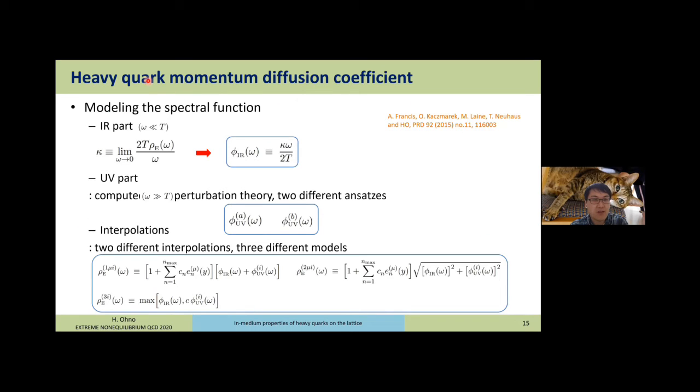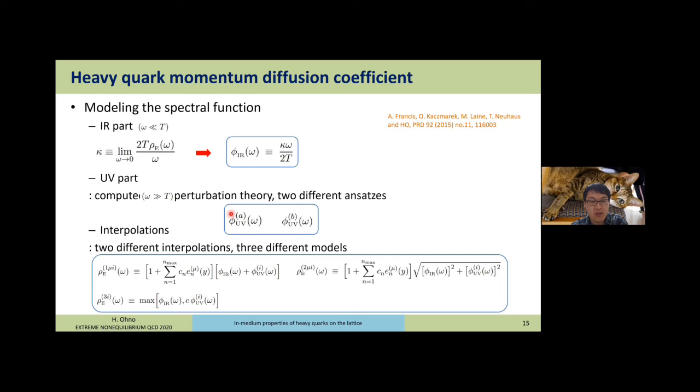Here is our model spectral function. For the IR part, that corresponds to the very small frequency region, essentially we should have this kind of asymptotic behavior, so we simply define our IR part like this. And we also think about the UV part, and thanks to asymptotic freedom, one can calculate the UV part from perturbation theory.